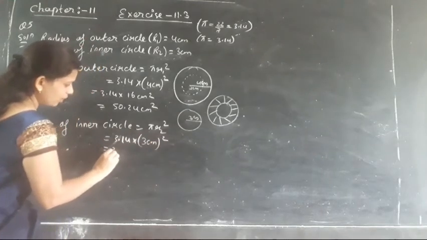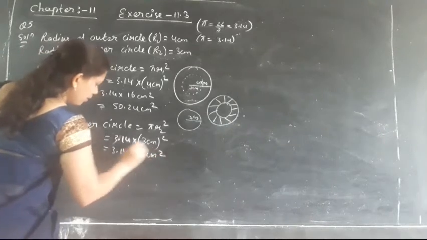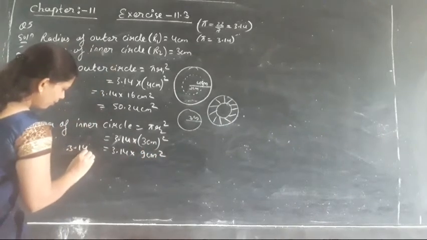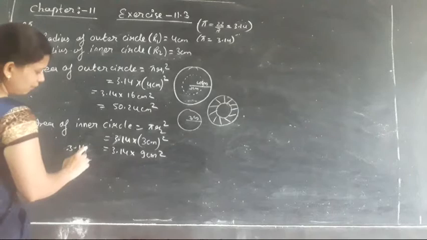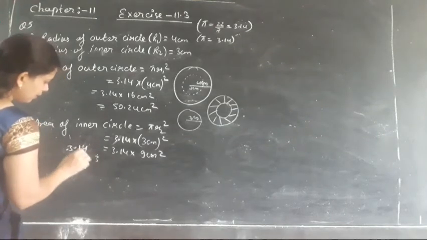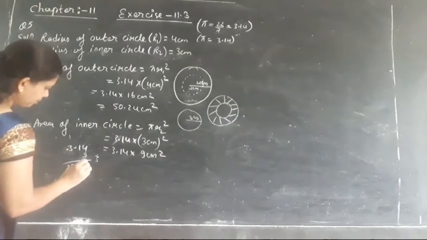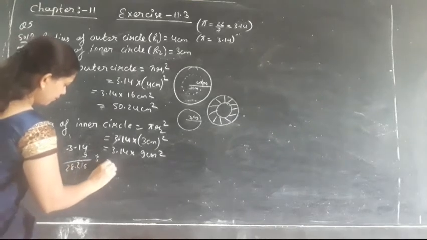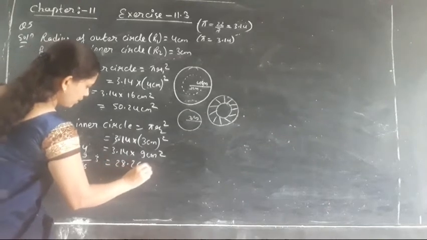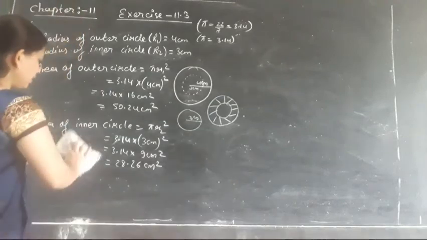So 3 into 3 is 9, so 9 centimeter square. Now 3.14 will be multiplied with 9. So 9 4s are 36, 9 1s are 9, 9 3s are 27... So the answer will be 28.26 centimeter square. Clear to everyone? Up to here clear?